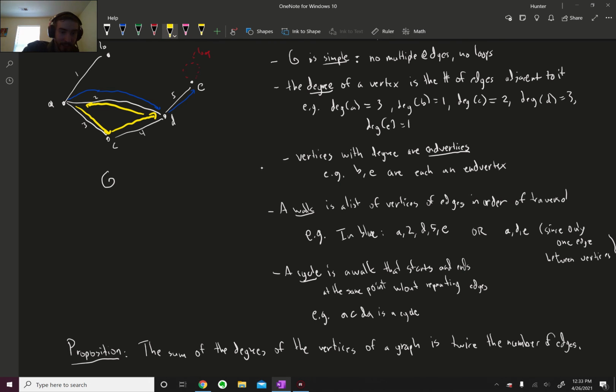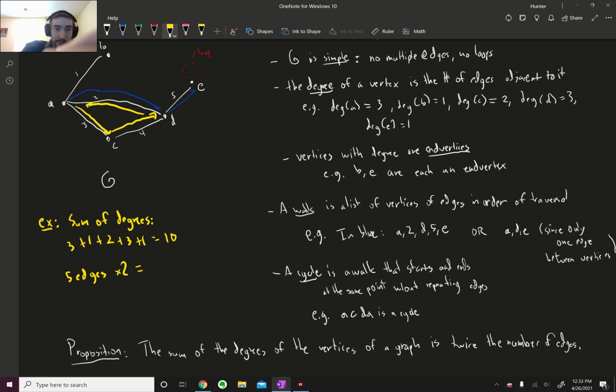We can see for G, this works out. If I add up the sum of my degrees, I get 3 plus 1 plus 2 plus 3 plus 1, which is 6, 8, 10. And G has 5 edges, which multiplied by 2 also gives us 10.